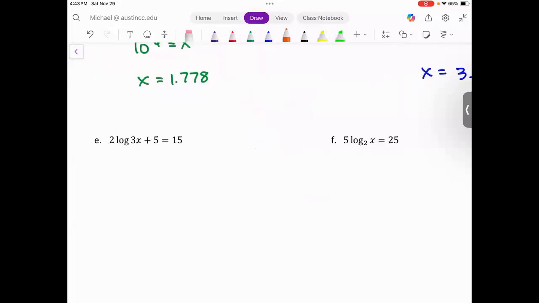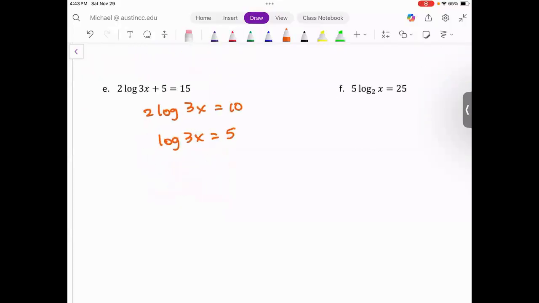2 log 3x plus 5 equals 15. So again, we want to get that log 3x all by itself. Start by subtracting 5. So we get 2 log of 3x equals 10. Divide each side by 2. Log of 3x equals 5. Now convert to exponential.